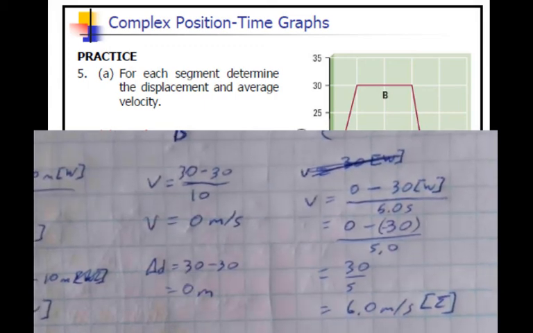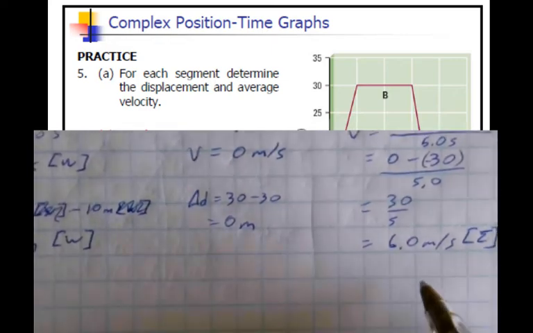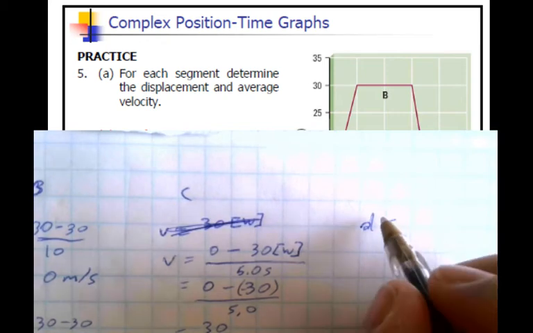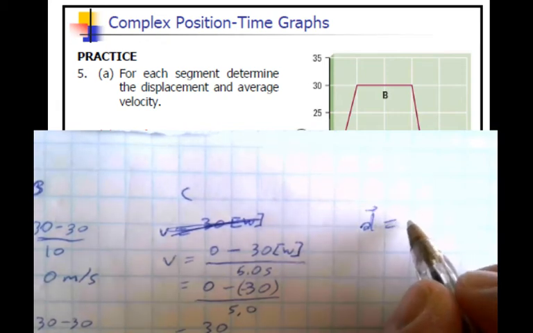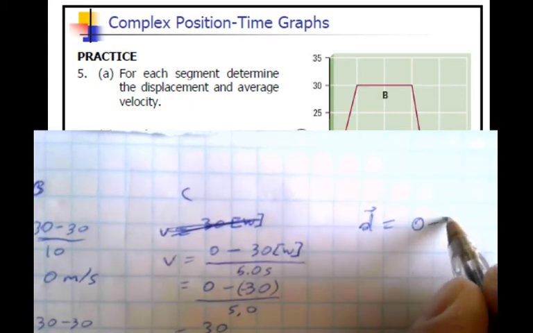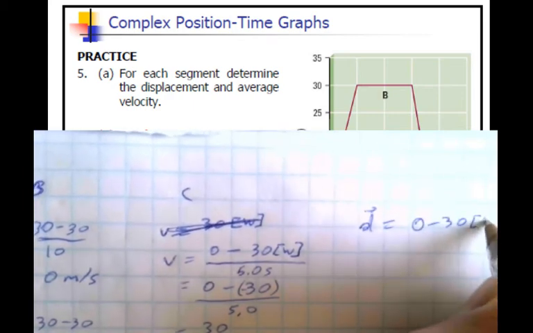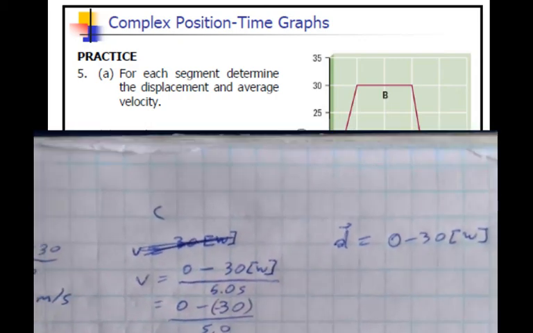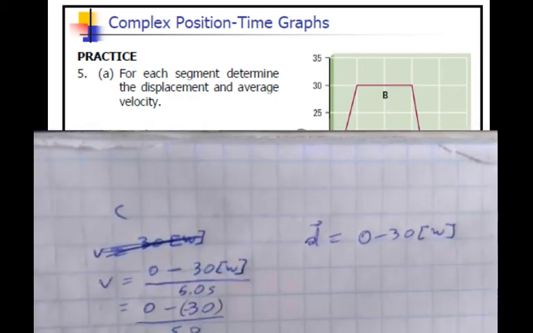When I look at my displacement, I'll do it on the side here. That would be equal to my final position, which is 0, minus 30 west. I've got to move it over because you can't see it.